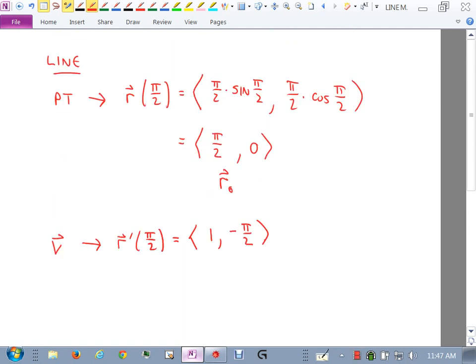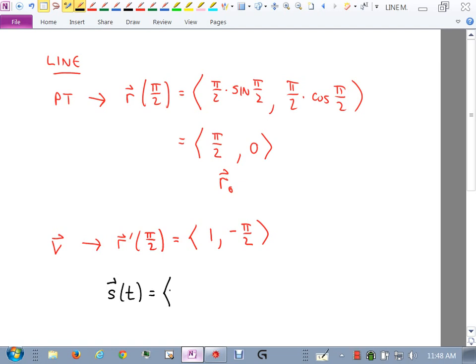So now we're ready to write down the vector equation of the tangent line. It will be, and I should not use R of t, should I? Because R of t is already defined in this problem. So let's call it something else. How about, and we're not going to use t because we're going to use t in a little while for tangent, let me just call it S of t. S of t is a new vector equation. It's our tangent line at the point pi over 2.